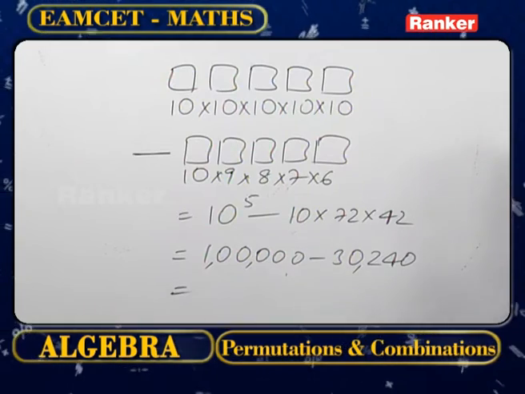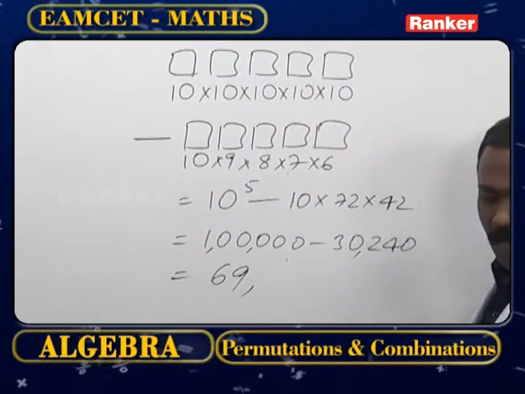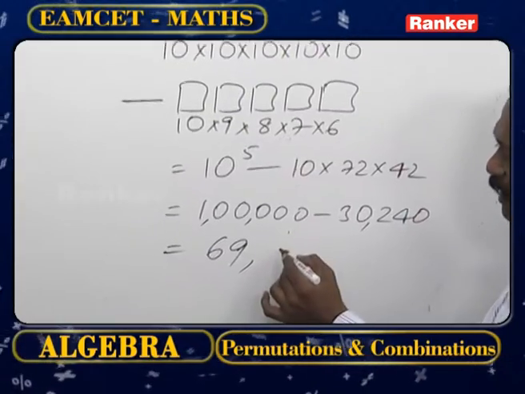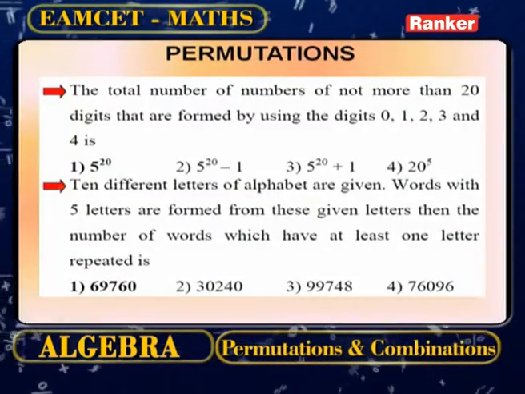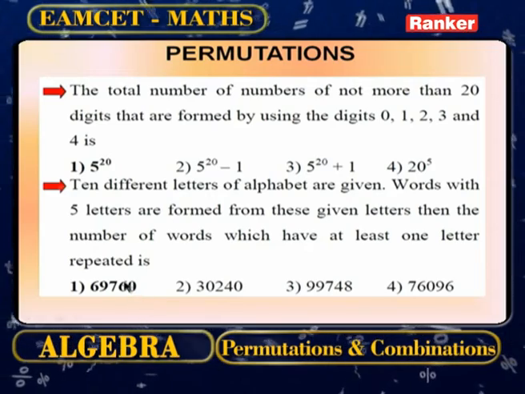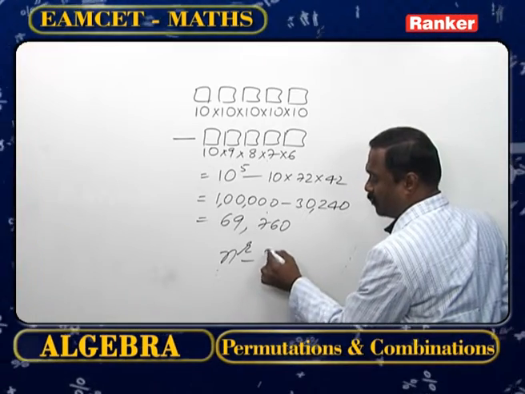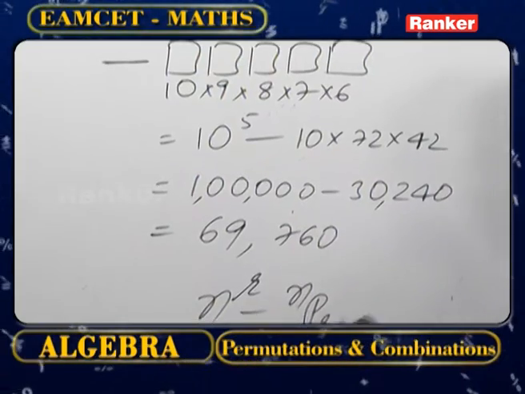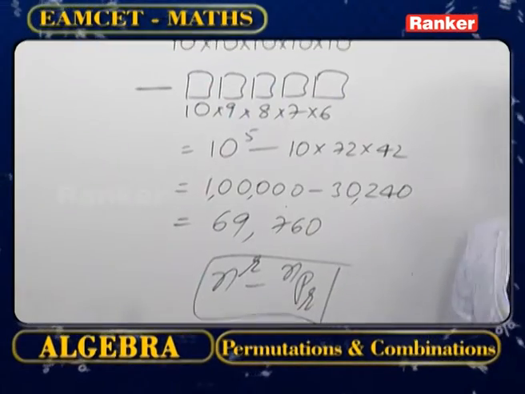Now if you subtract, the answer you'll get is 69,760, which is the correct answer. So with at least one repetition, formula please: n power r minus nPr. This is an important formula, n power r minus nPr. Okay, let's go to the next one.